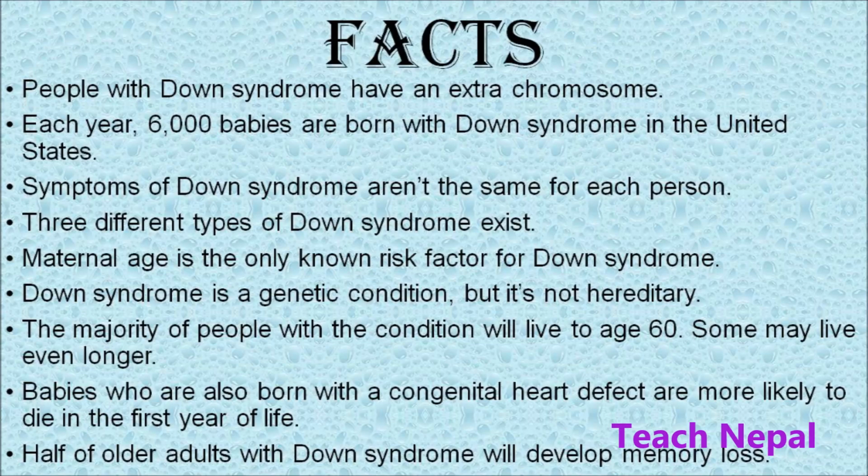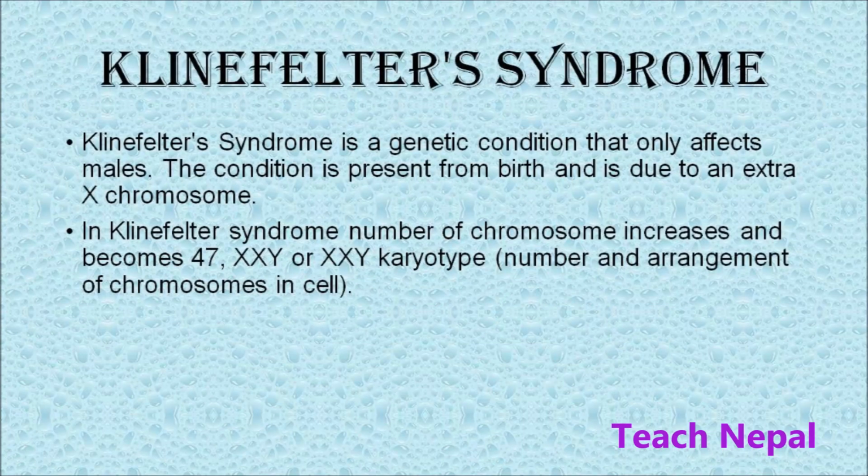Now the next, Klinefelter syndrome. Klinefelter syndrome is a genetic condition that only affects males. The condition is present from birth and is due to an extra chromosome. An extra X chromosome is found there. It is also known as 47, XXY, or the XXY karyotype.